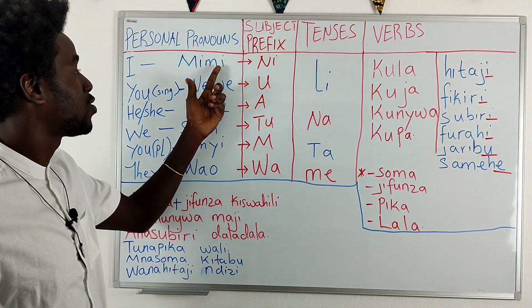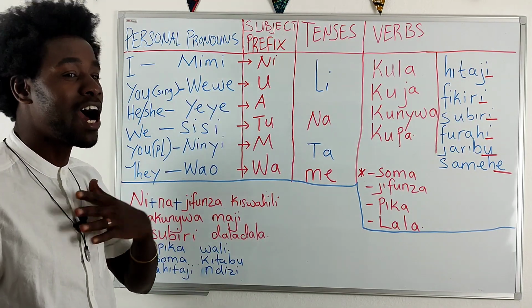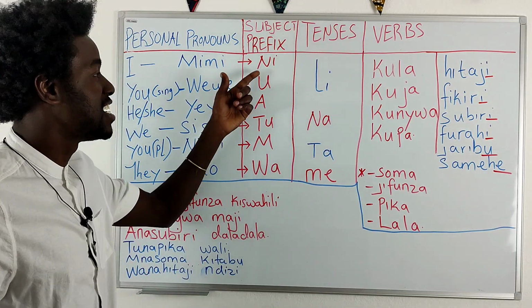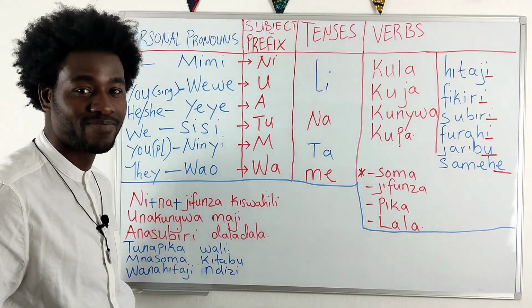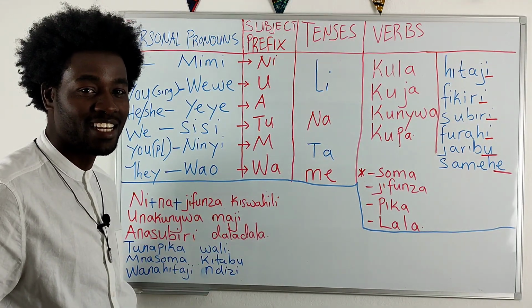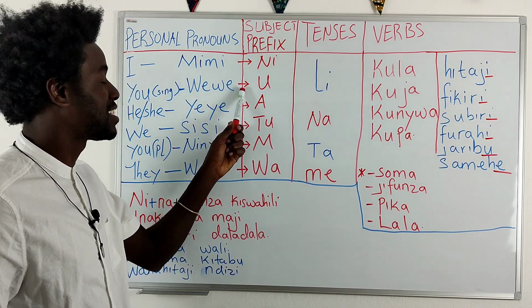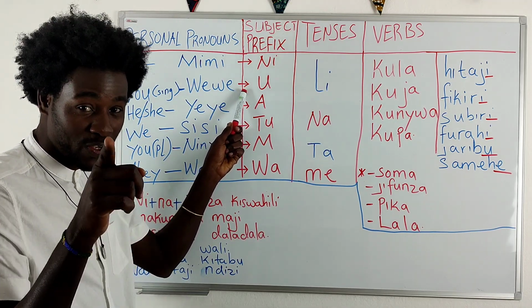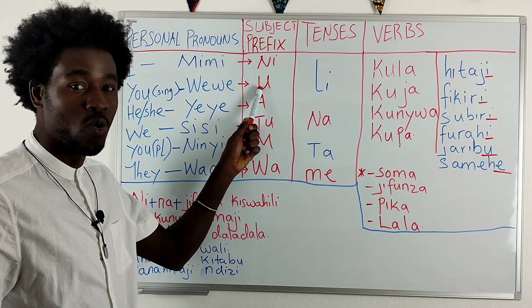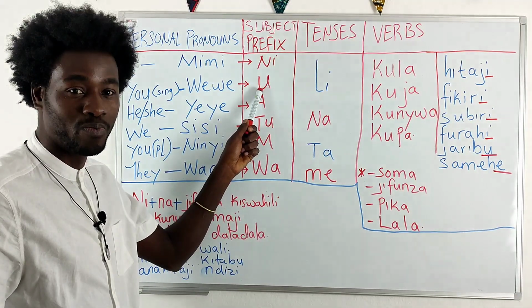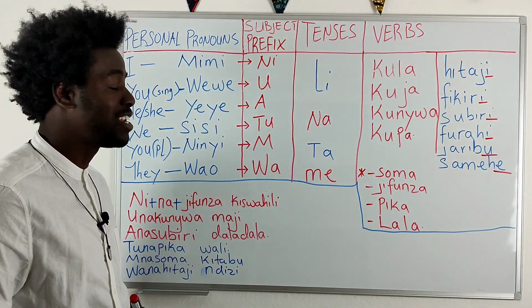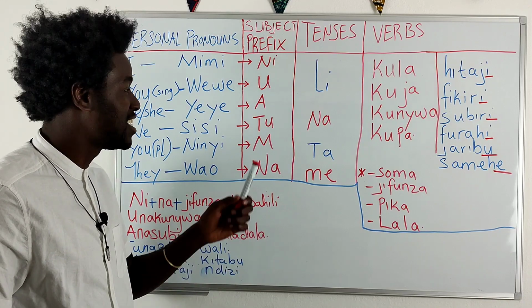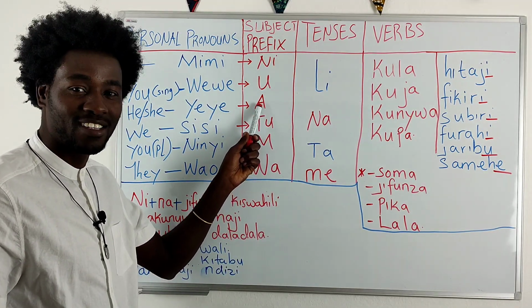So the subjective prefix that stands for I is ni. And the subjective prefix that stands for you is u. The subjective prefix that stands for he or she is a.